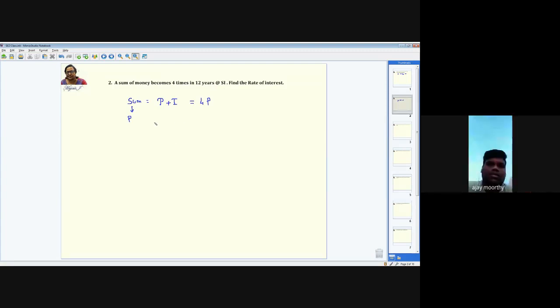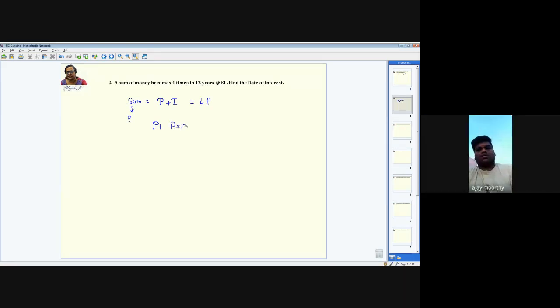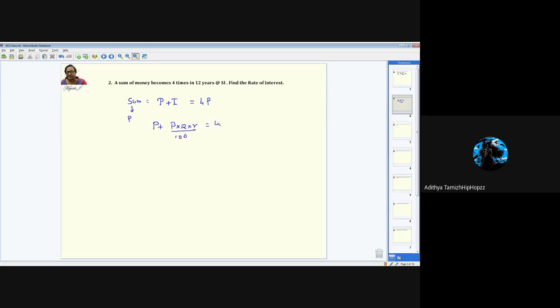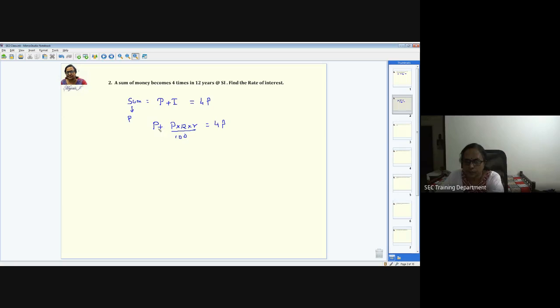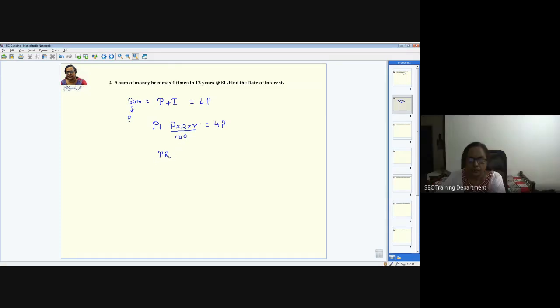Replace them: principal plus interest, which is PNR by 100. P, N is 12, and R we do not know, so keep it as such, equals 4P. So when you bring this one here, that becomes P into R, P into 12.